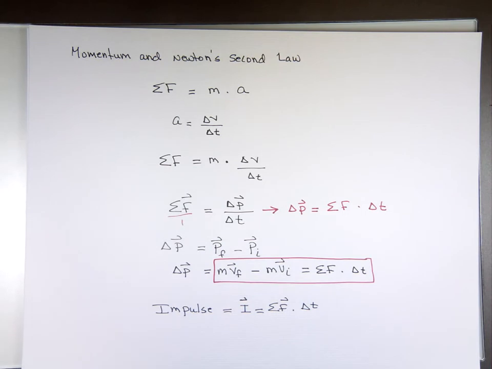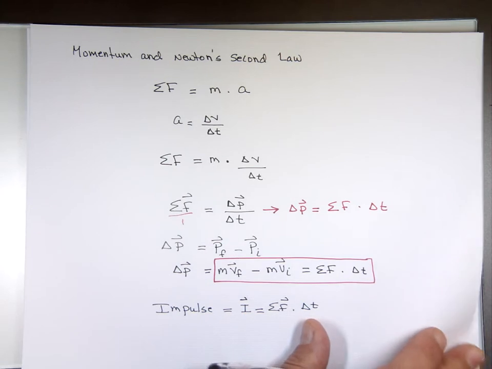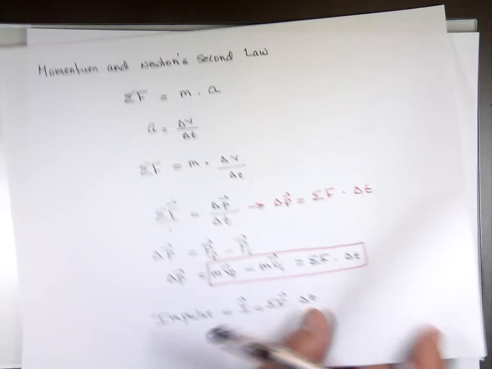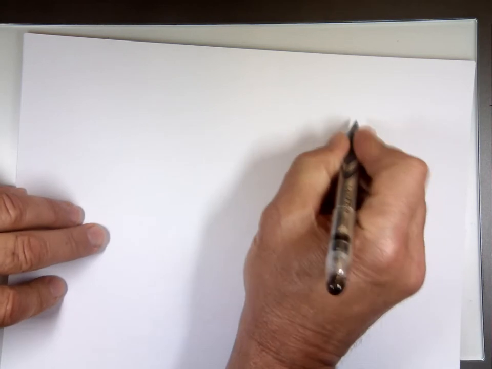So let's take an example and go through it. Maybe we'll do a home run here. Baseball. Let's give it some numbers. A ball's traveling this way.